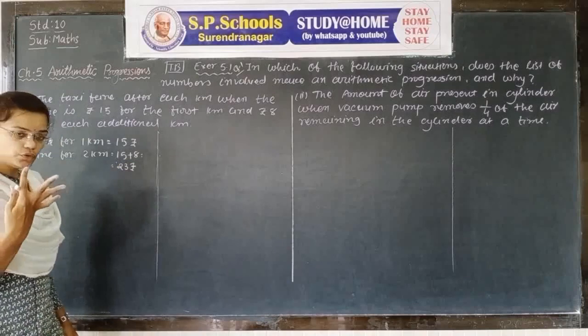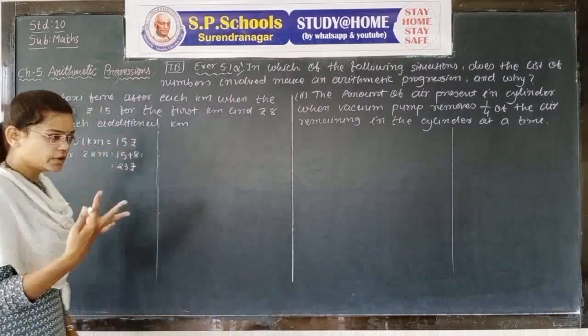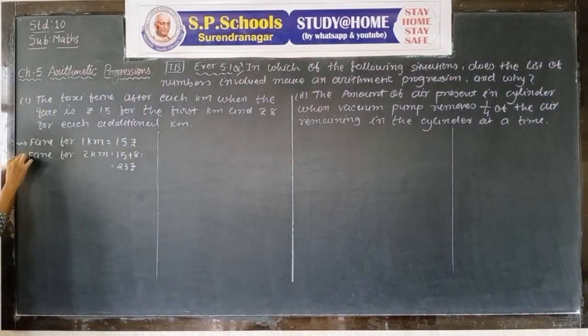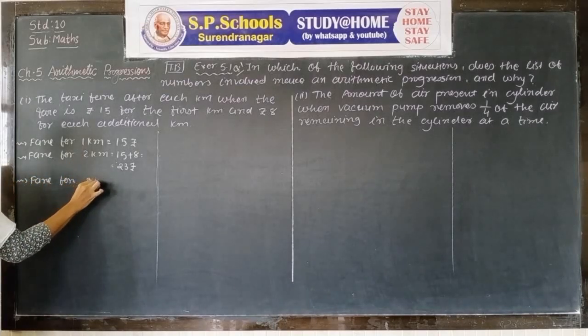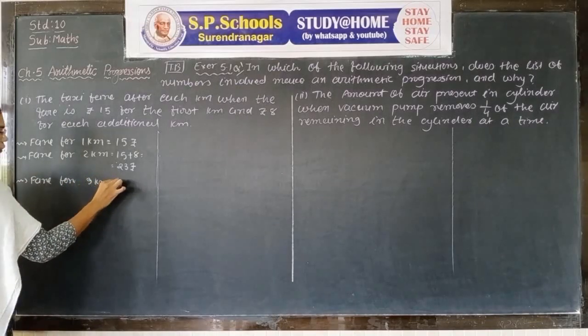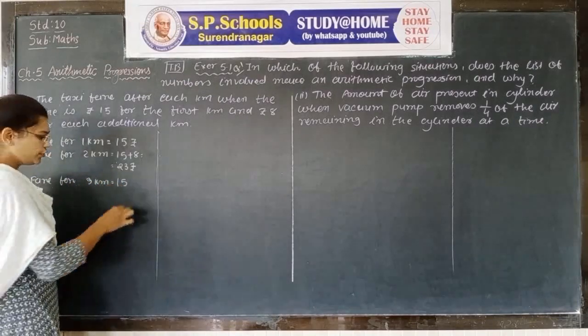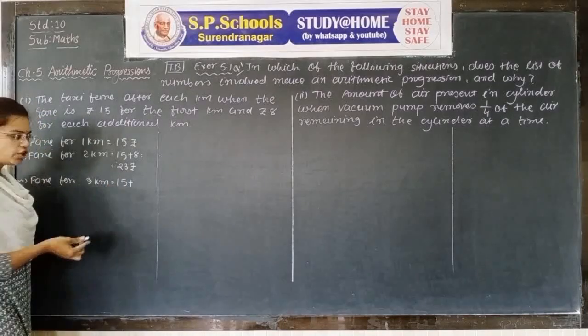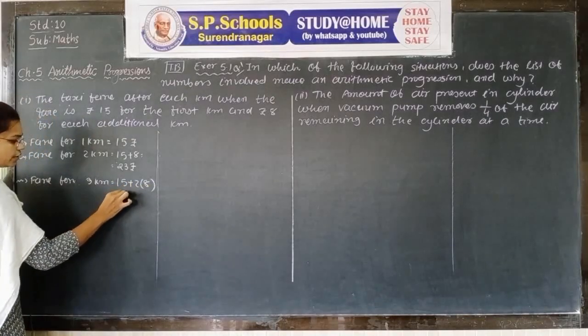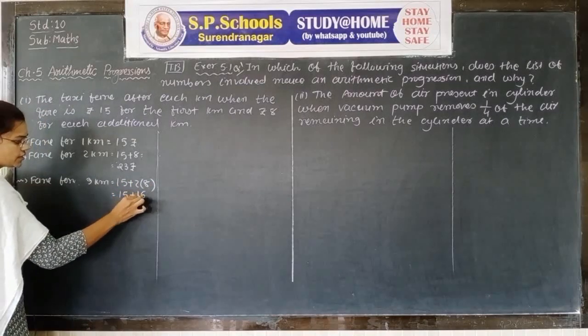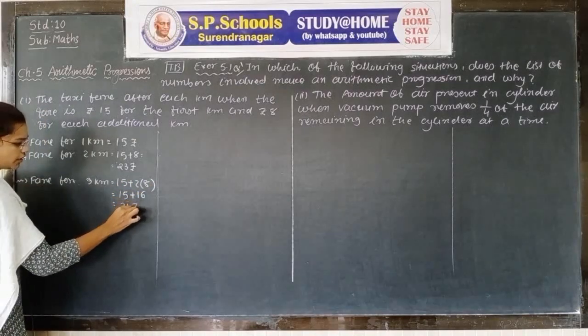At least 4 terms in the list of numbers we need to find out. Third one, fare for 3 kilometers: for first kilometer it is 15 rupees, for additional 2 kilometers, 8 multiplied by 2, 15 plus 16 is equal to 31 rupees.